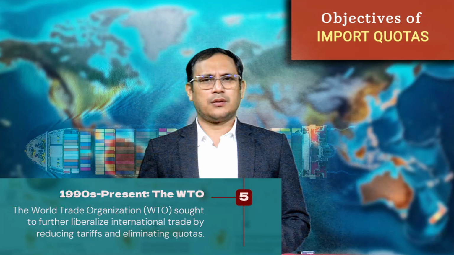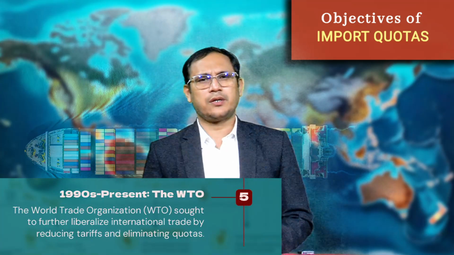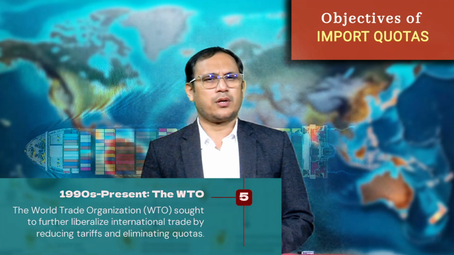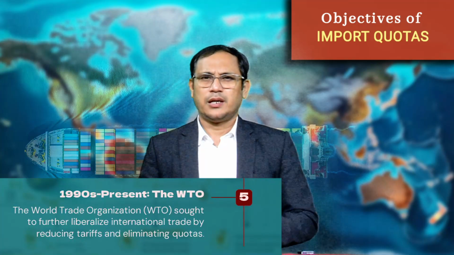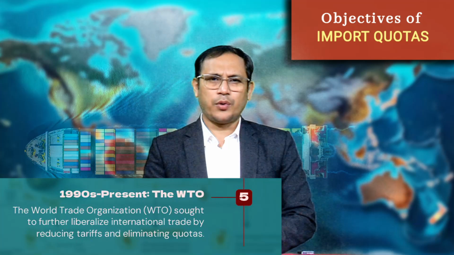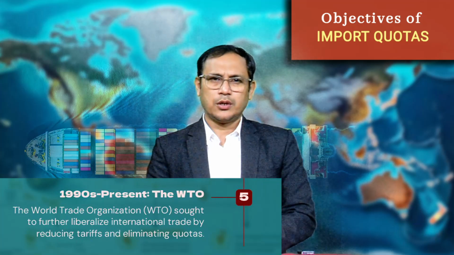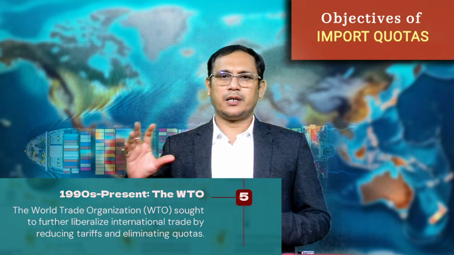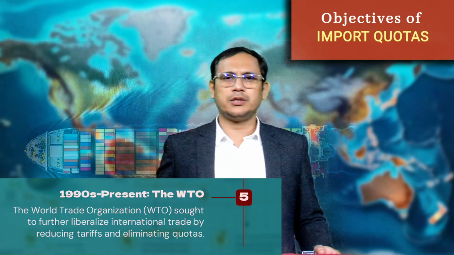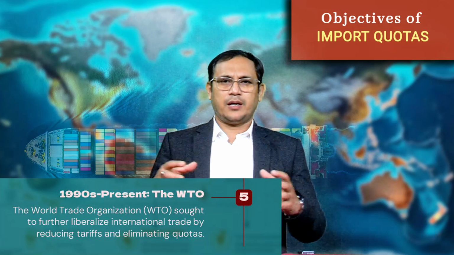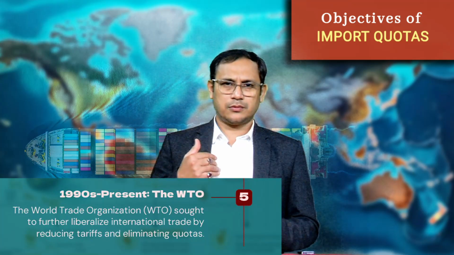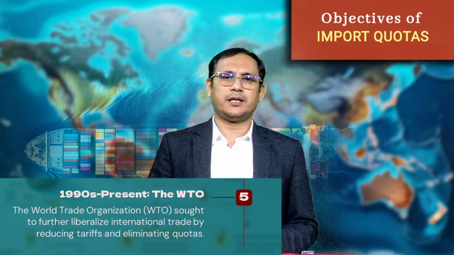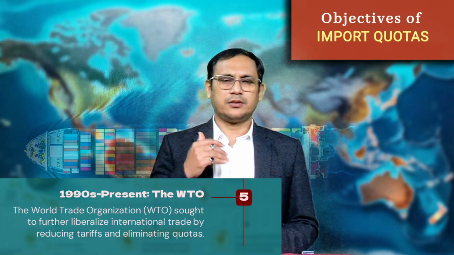As a part of, we can give the example, the Uruguay Round of trade negotiations, the World Trade Organization pushed for gradual elimination of quotas, especially in sectors like textile and agriculture, where they were more commonly used, because it restricts the countries which have a comparative advantage in production of those commodities, where there is overproduction of textile and clothing, and due to the quotas imposed particularly by the developed countries, it put restrictions on export of those goods.